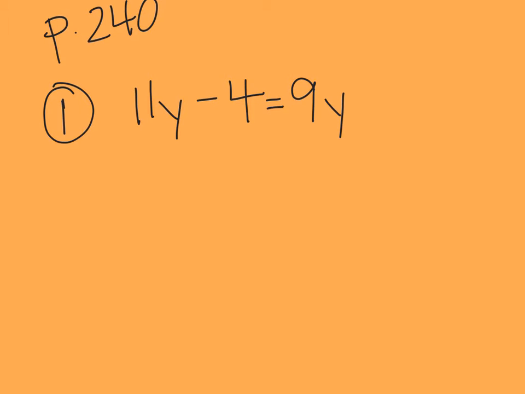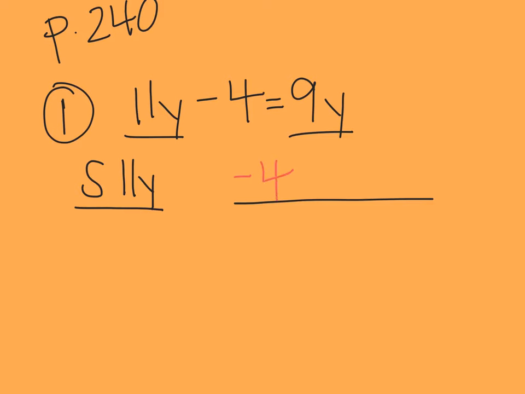I have 9y on this side, 11y on this side, and I want to get my variables all together on only one side of my equation. So I'm going to write down underneath operation, subtract 11y. That's what the S stands for. Subtract 11y.